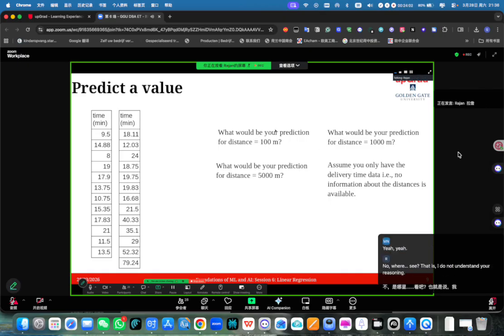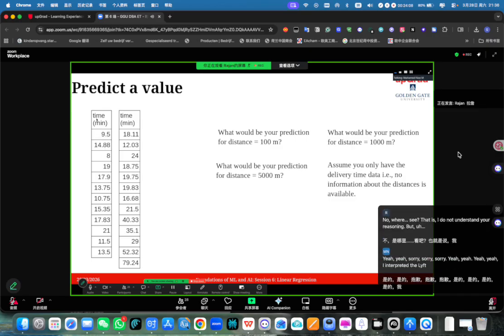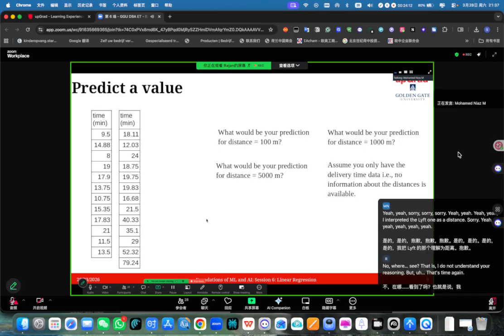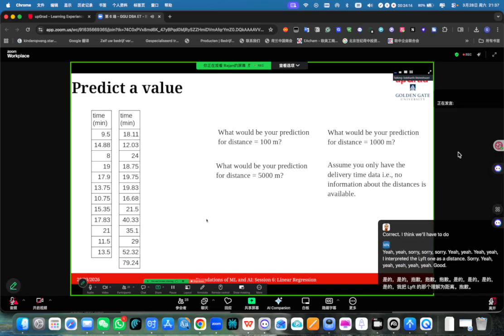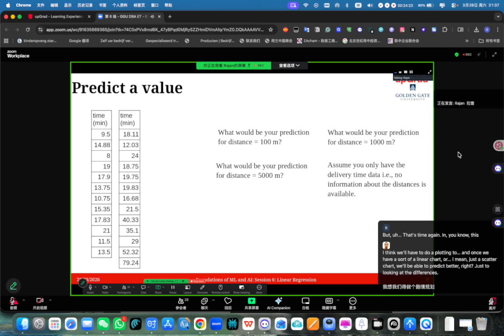Sorry, I interpreted the left one as distance. That's time again. Got it. I think we'll have to do a plotting, and once we have a scatter chart, we'll be able to predict better, right? This is what we have. Now, what would be your answer for each one of these?